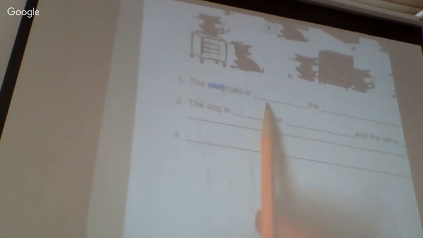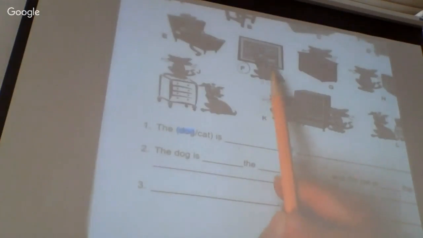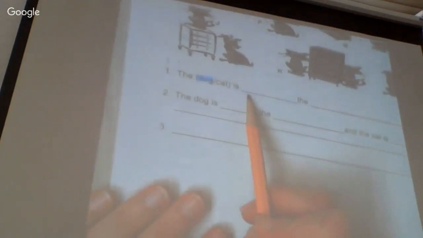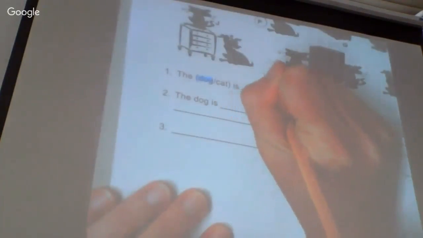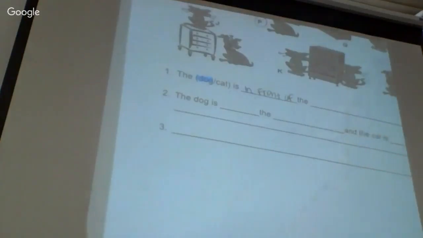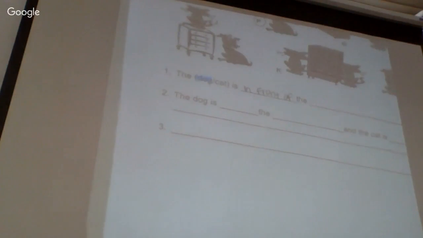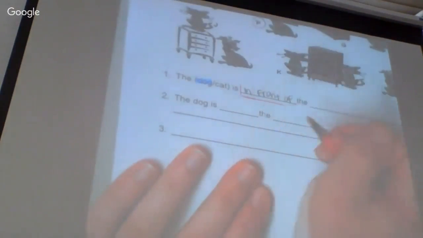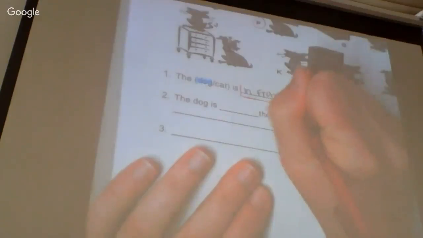The dog is, I go back to the picture, and I look, the dog is in front of this picture frame. So in this line I write, dog is in front of. Okay, and then I'm going to put a red box around in front of to remind me that this is the preposition.